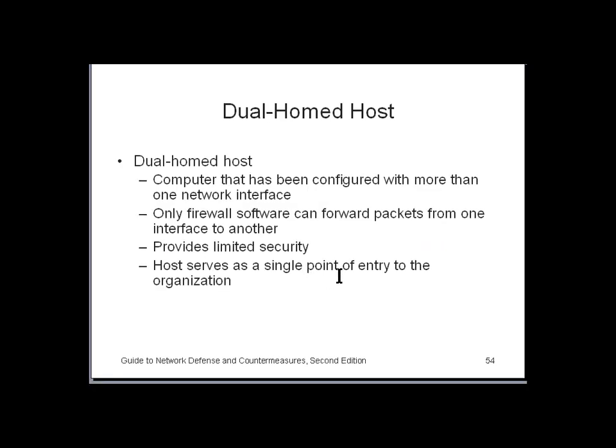Dual home host computers: a dual home host has been configured with more than one network interface. So you have one network IP address coming in and another one coming out. Only firewall software can forward the packets from one interface to another, which means that the firewall rule has to look at each packet in order to determine whether it should be forwarded to the second interface.